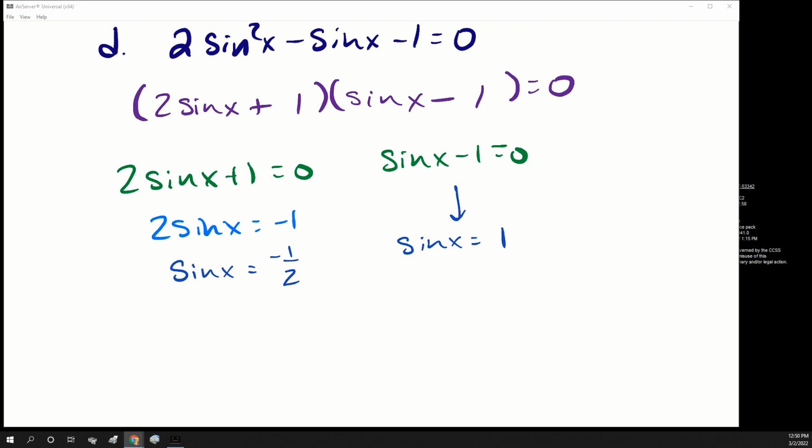So for the sine of x to equal negative 1/2, I'm going to want 1 bottom finger. What quadrants? So since its sign is a negative, that happens in quadrant 3 and 4. So 1 bottom finger is correlated to pi over 6. So pi over 6 in quadrant 3 and 4.